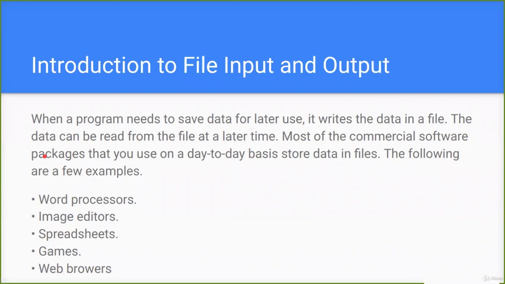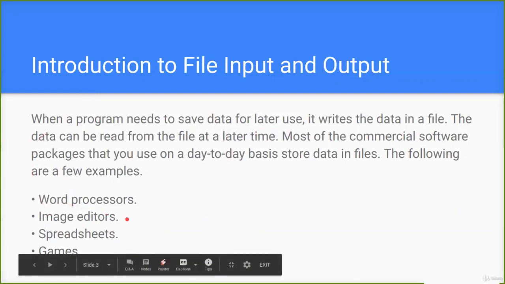Now, there are different types of files. The well-known files that we use are a text document, a word processor, an image editor, or a spreadsheet, or we call it an Excel sheet.